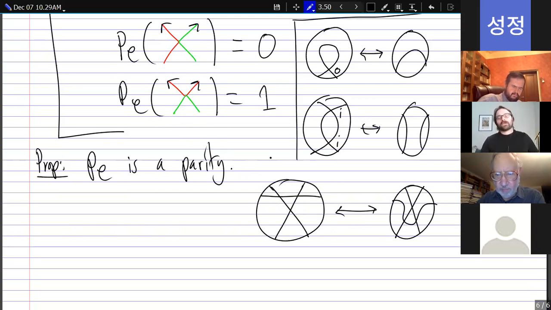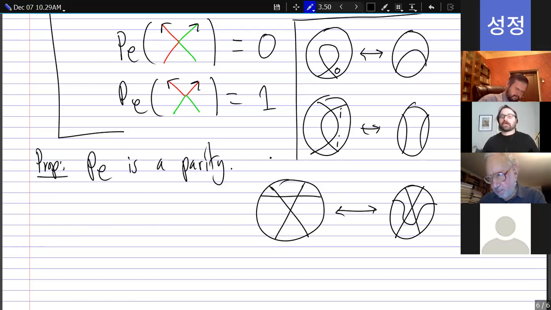What you want is either all the crossings are even, two crossings are odd, or all of them are odd.